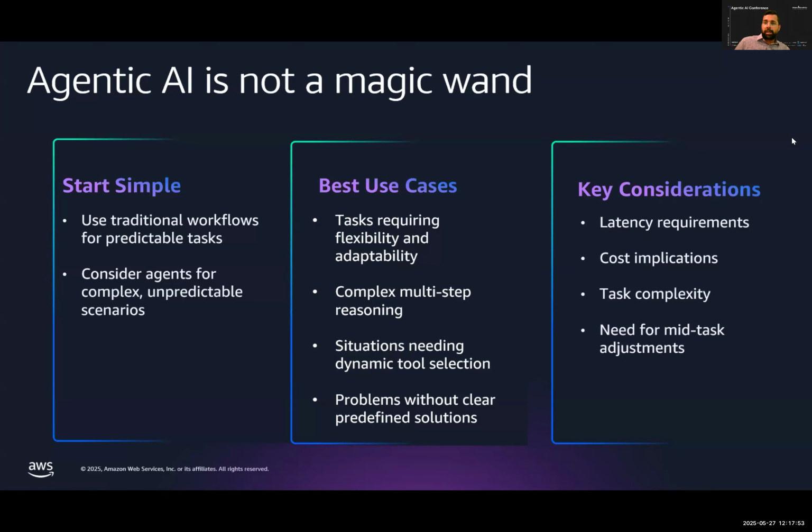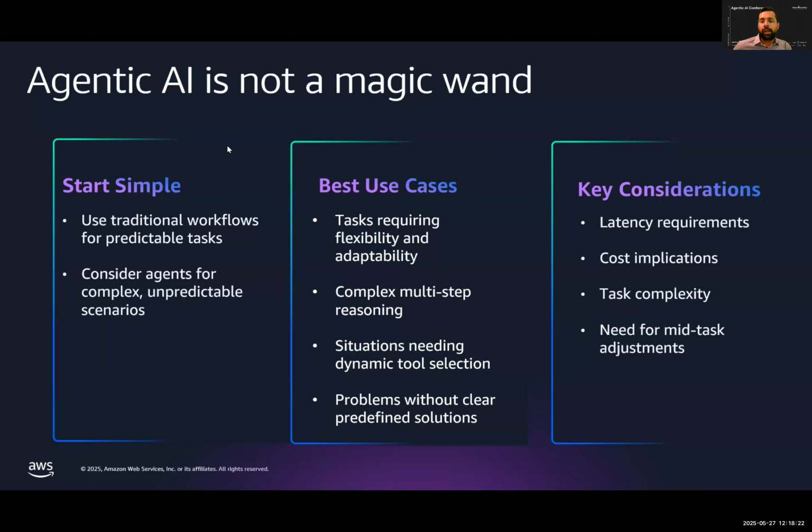So the best use cases for agents are tasks which require flexibility, adaptability, tasks which might require a multi-step reasoning process. You might have to do a dynamic tool selection where the solution itself might not be predefined. As you do that, some key considerations for agentic AI, which are very similar to what you see with LLMs in general: you have latency, you've got cost.